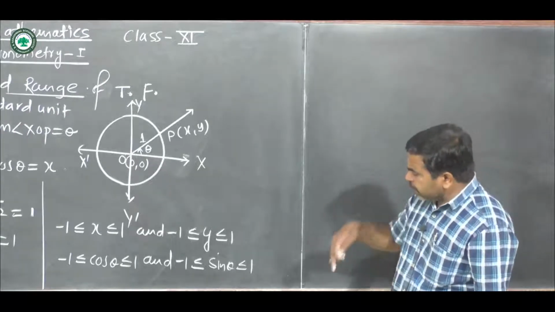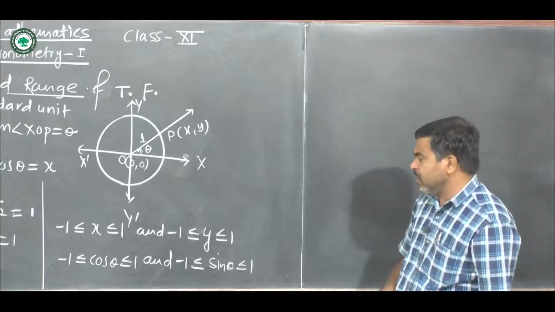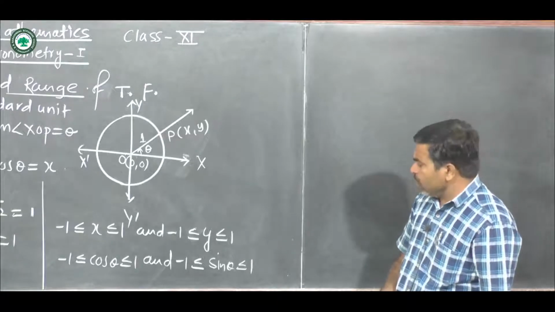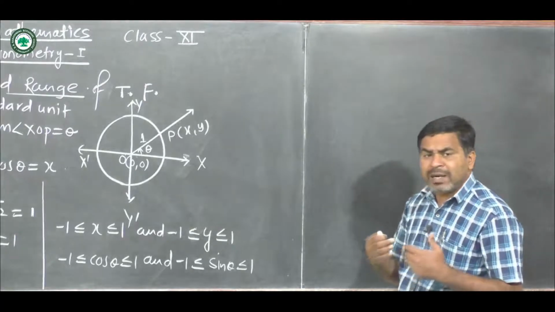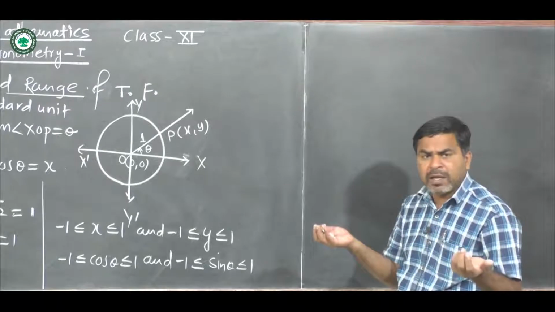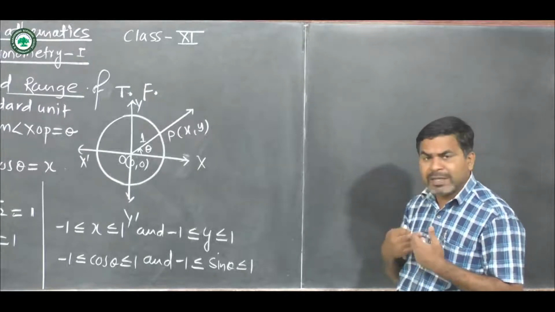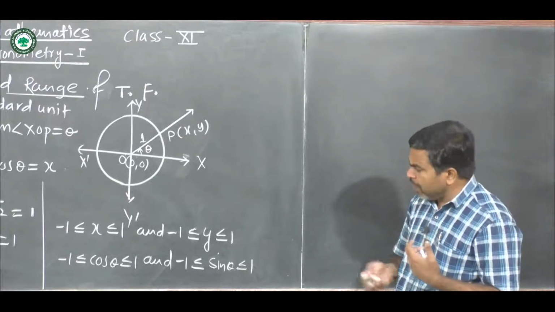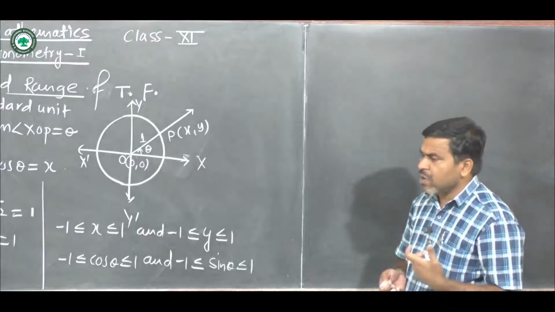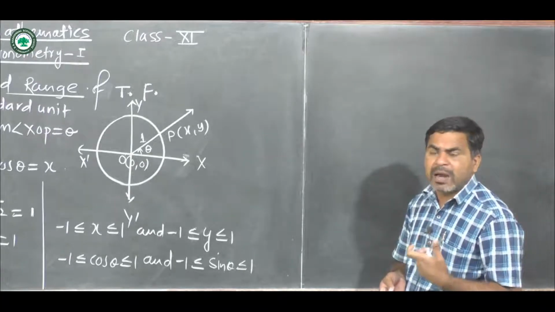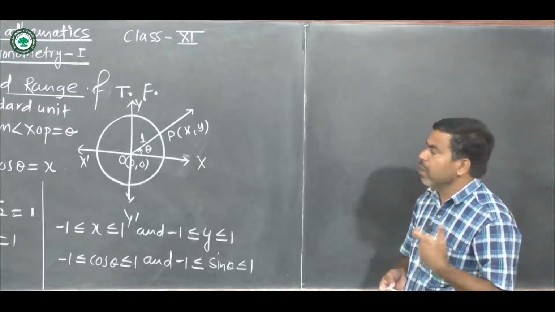Now the values of theta are the domain of sin theta and cos theta. So sin theta and cos theta are defined for all values of theta, meaning all values of theta in real numbers. So the domain of sin theta and cos theta is capital R. Capital R means the set of real numbers.